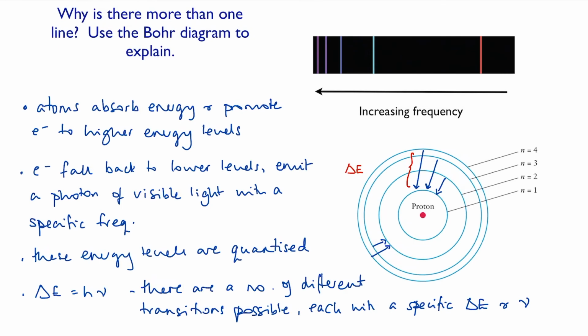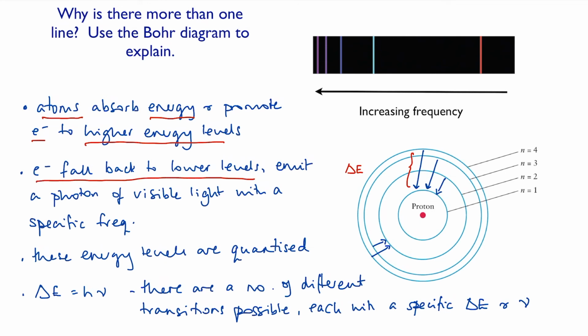So what might this look like in terms of a perfect answer? This is one area of chemistry where it's more than possible to write yourself a series of perfect answers and commit them to memory. You've got to be very, very clear on your language at all times. So we're saying here that atoms absorb energy and they promote electrons to higher energy levels. Our electrons are then falling back to lower energy levels.